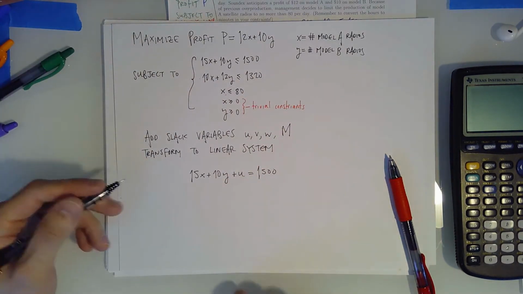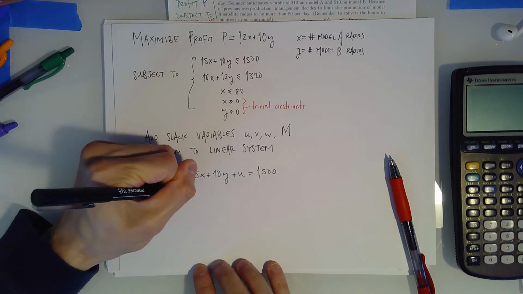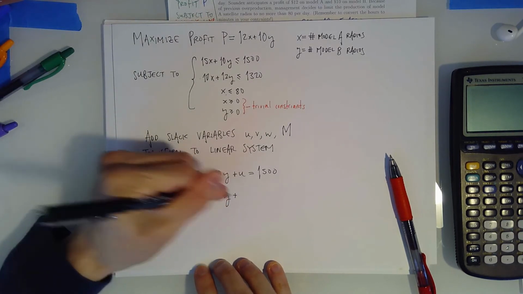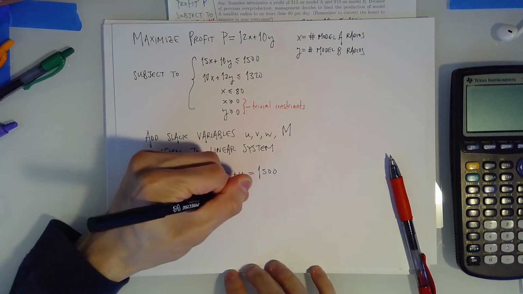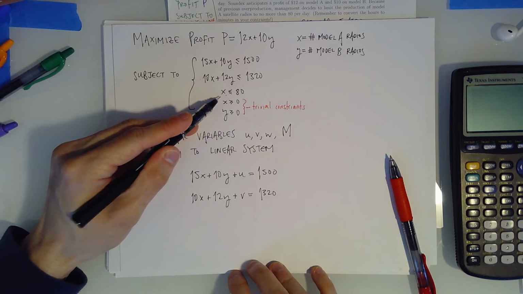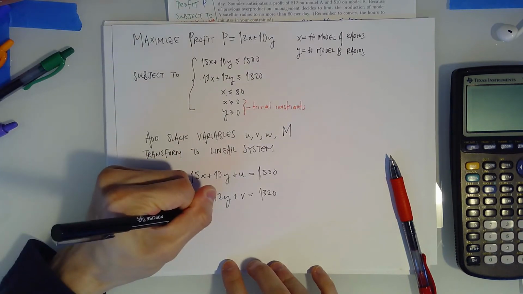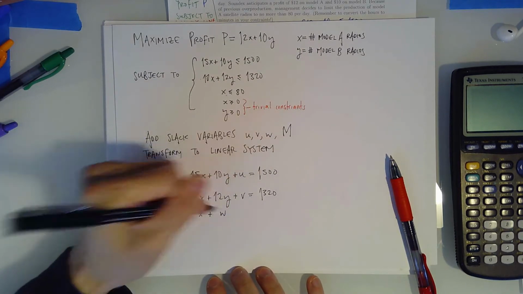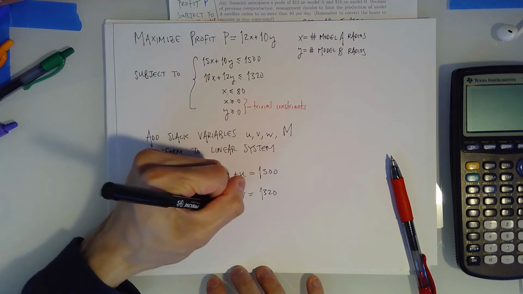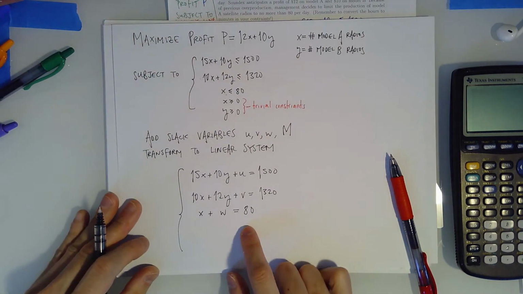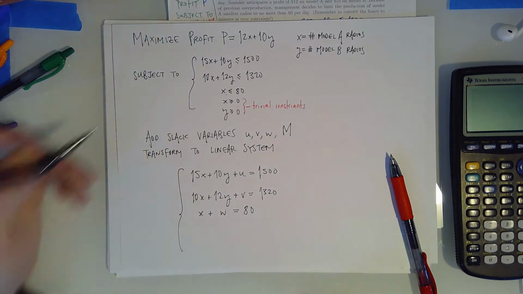Similarly for the next constraint, 10x plus 12y, this constraint gets the second slack variable, v, equals 1320. And then this third one here, you have x plus a w, the third slack variable, which will equal 80.